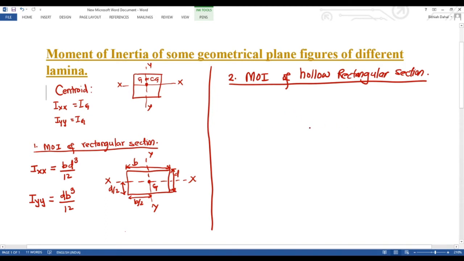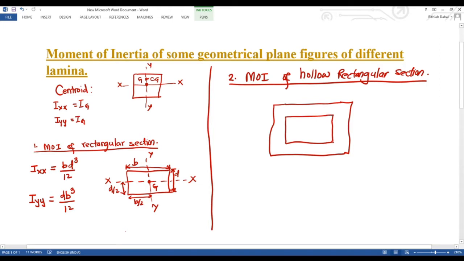Okay, now for my hollow rectangular section, let me first draw the figure. Hollow means there is a hole in the rectangular section. So this is my hollow rectangular section.